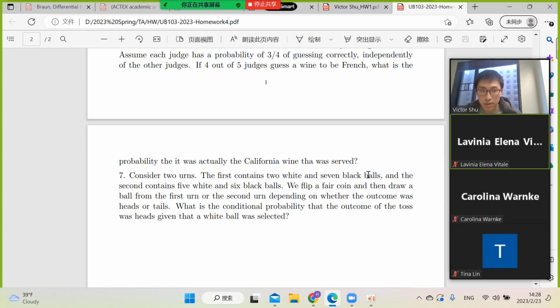The probability of white equals I toss a head and then draw a white ball, plus I first toss a coin and get a tail, and then I draw the white ball. So in the denominator, you should also decompose the probability of white ball into two parts: the probability of white ball given a head appears, plus the probability of white ball given a tail appears.